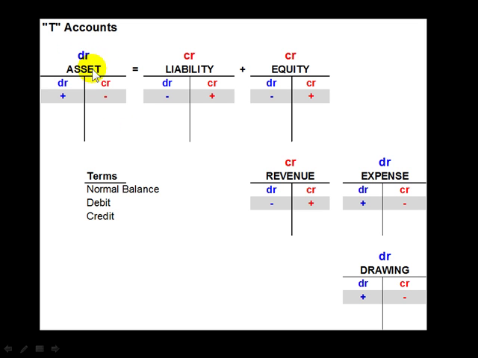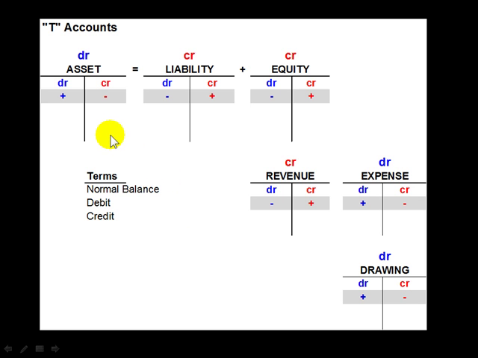DR stands for debit. Notice on each of the T accounts, here's the liability and the equity, the debit and the credit go in the same spot, but how they act in the type of account is different. For an asset, the debit is on the left and the credit is on the right. For a liability, debit on the left, credit on the right, and for equity, debit on the left, credit on the right. So that's the same for everything.